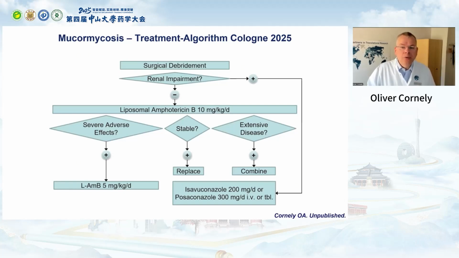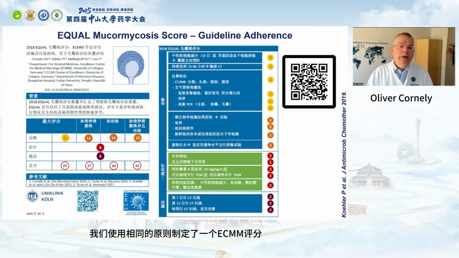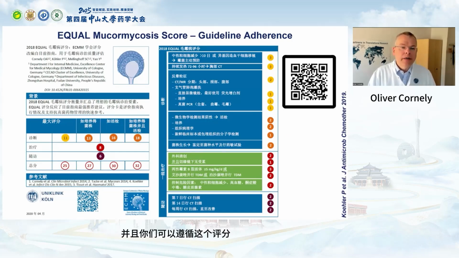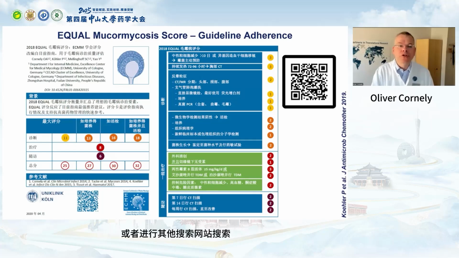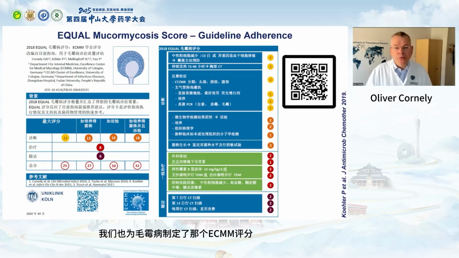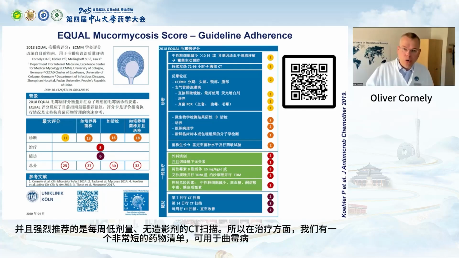We did an EQUAL score with the same principles, and you can follow the score, and I hope the QR code leads you there. Otherwise, just do a web search and you will find it, or drop me an email. So we did that EQUAL score for mucormycosis as well, and highly recommended are the weekly CT scans, low dose and without contrast.